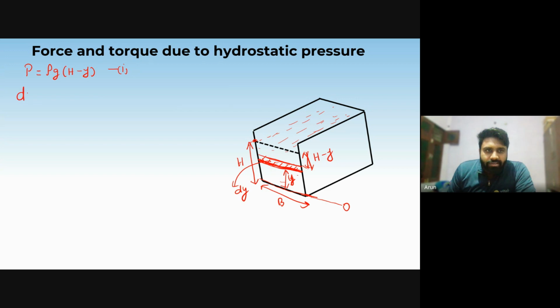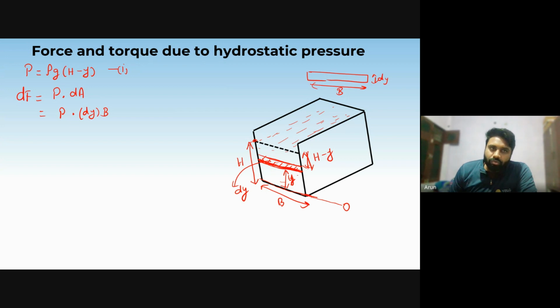So dF is equal to the pressure at that particular point into the area dA. This strip is a rectangle of height dy and length b, so this area will be b into dy.